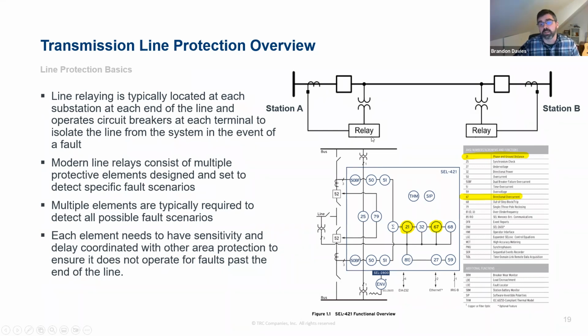But generally this relay is going to then take an action to trip a breaker or a couple breakers at the station and open up those breakers to isolate the faulted part of the system from the rest of the system. So you generally have relays at both terminals. They're both doing the same thing, looking at the same fault. They're seeing different quantities because the system equivalent behind those relays at station A and station D are different, but they'll be configured independently to operate and trip the line off, both terminals of the line or all terminals of the line off in the case of a fault condition.